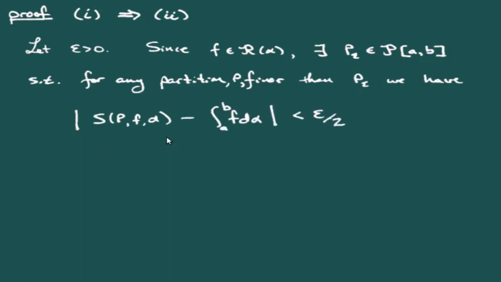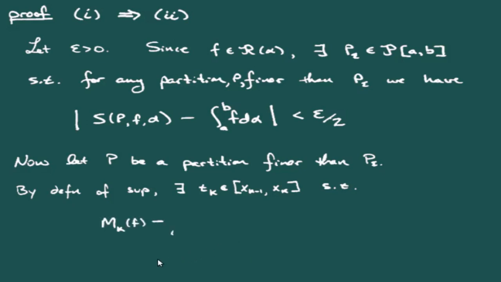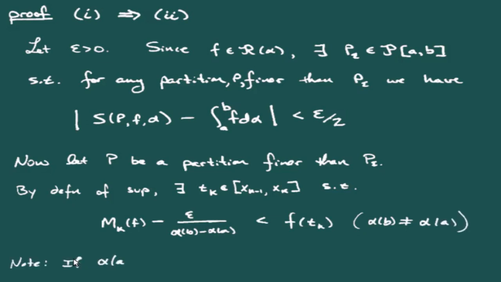of the difference between any Riemann Stieltjes sum with respect to P and our integral is going to be less than epsilon over 2. So if we let P be a partition that is finer than P_epsilon, then by our definition of supremums, we can find these t_k's in our closed interval [x_{k-1}, x_k], such that if we subtract off a little bit from these supremums, they're not upper bounds anymore.